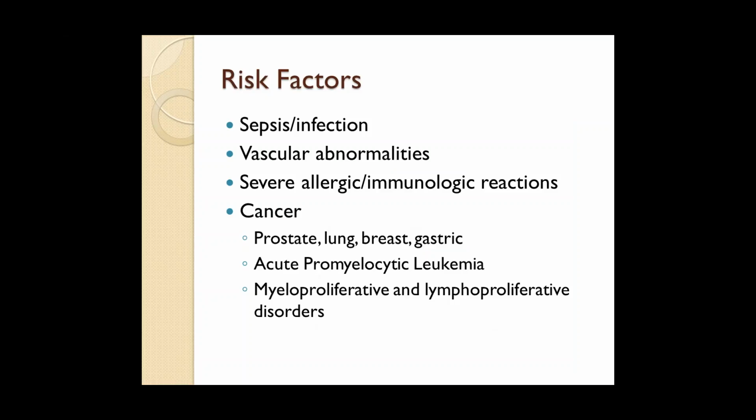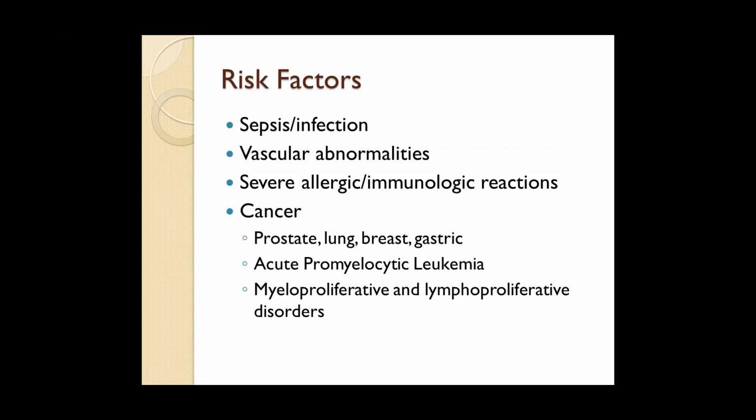Some of the risk factors associated with DIC include patients who are septic or have an underlying infection. Vascular abnormalities can trigger DIC, as damage to the blood vessel can often trigger DIC. Patients who develop severe allergic or immunologic reactions, such as with a snake bite, can also result in DIC. And of course, in our patient population, cancer can be the triggering factor to a patient developing DIC.